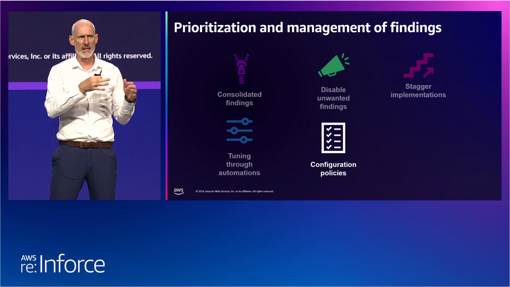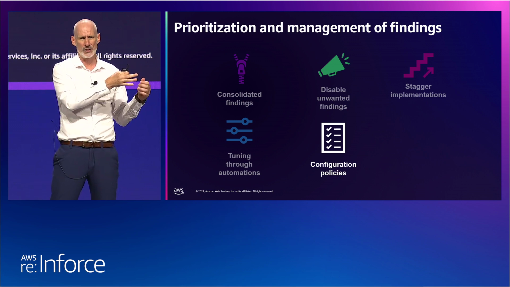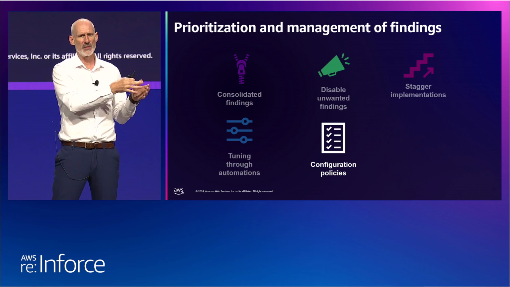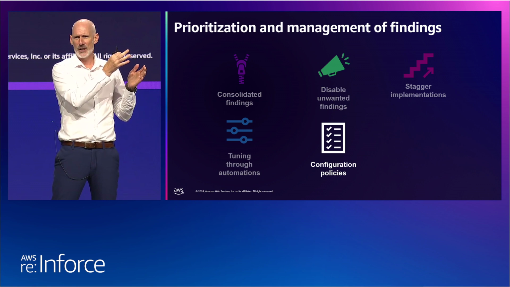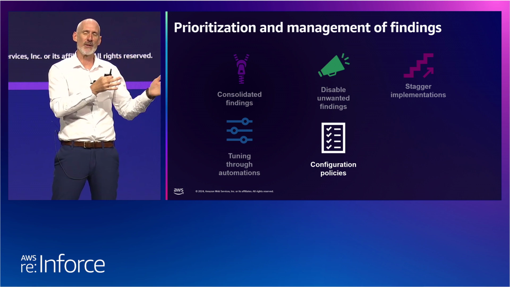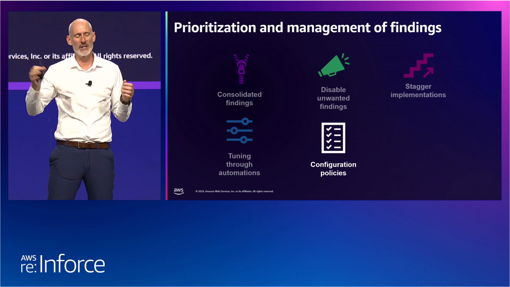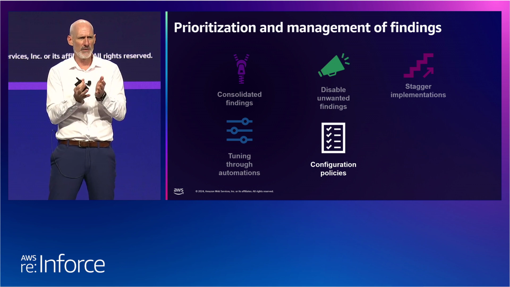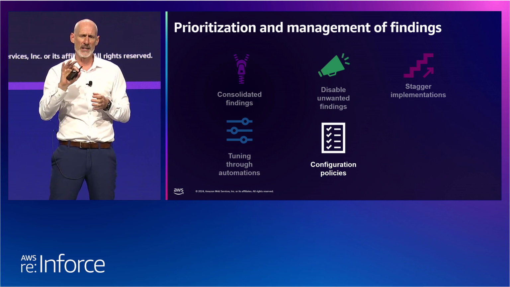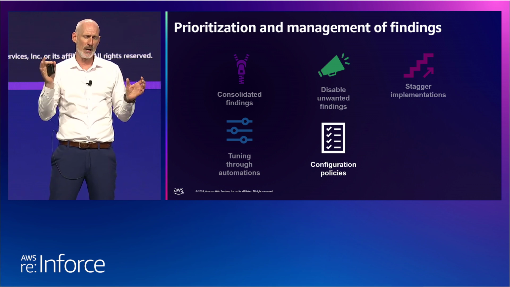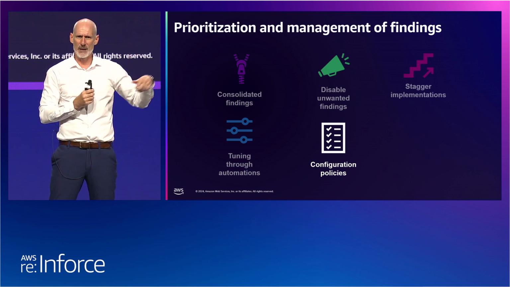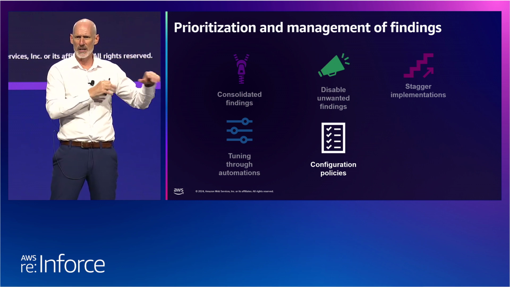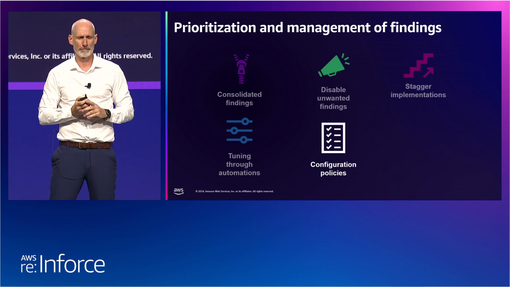And what we do as an organization is we have an organization structure in OUs that take us from our dev environments, our sandpit environments, through dev, test, and production. And our accounts are put into those OUs. And then we've built configuration policies that suppress findings that we don't need at these different environment levels, and we apply them to them. And that means that we're again reducing noise, especially in the lower environments.